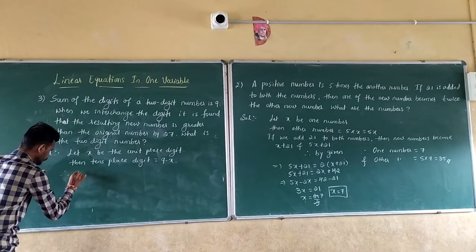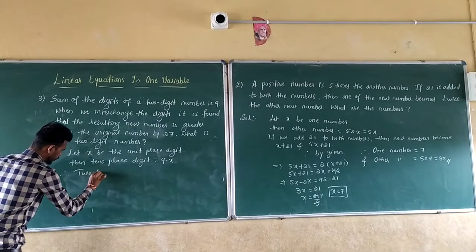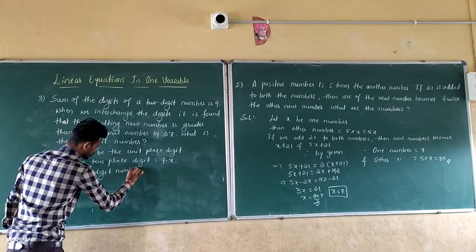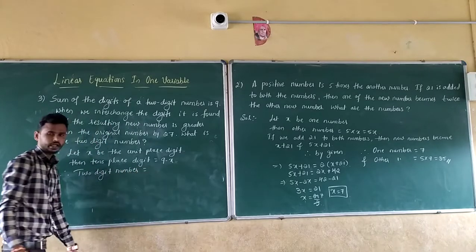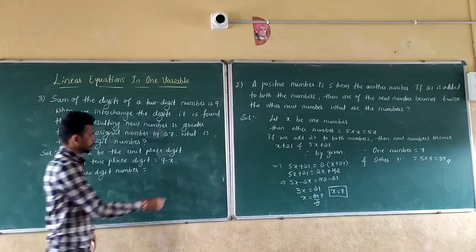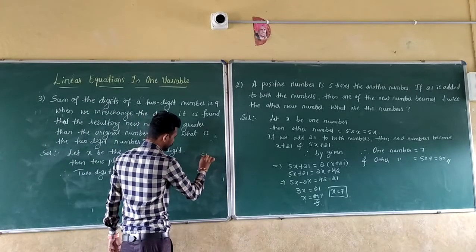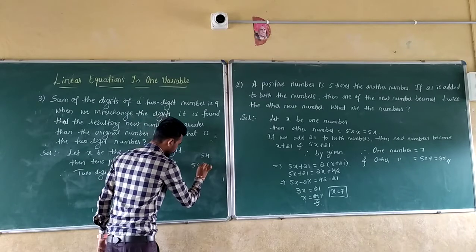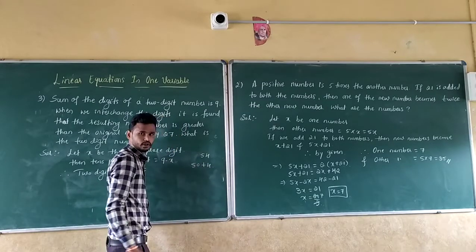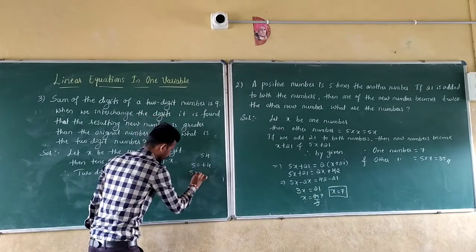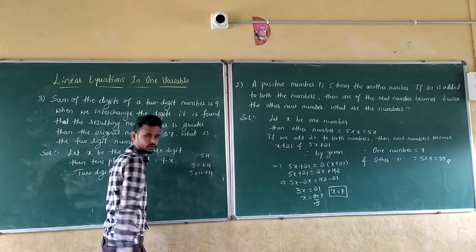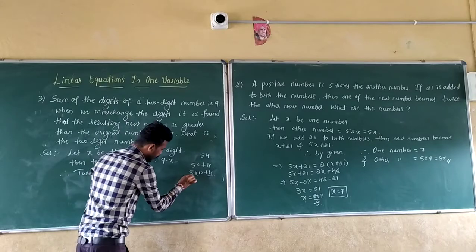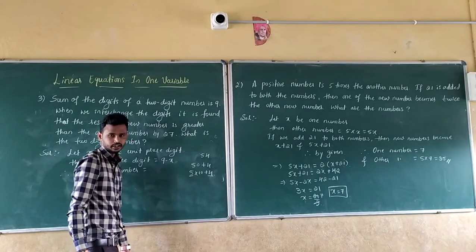Therefore, the two-digit number, what can I write down? For example, what I have taken is 54. 54 can be written as 50 plus 4, and 50 can be written as 5 into 10 plus 4. So here 4 is the unit place digit and 5 is the tens place digit.